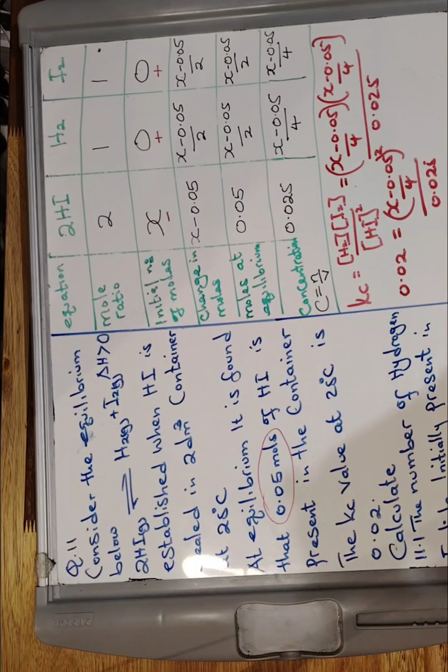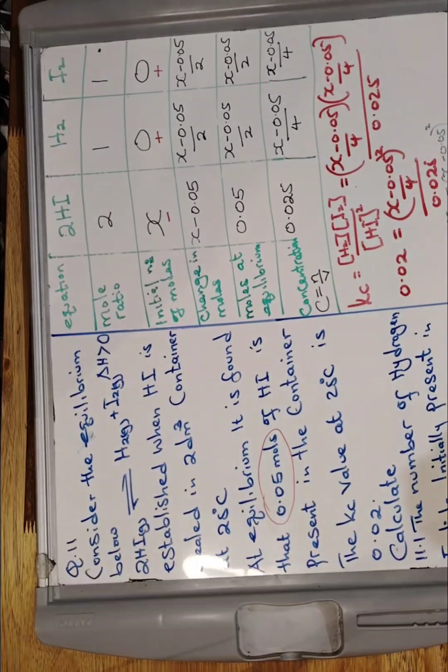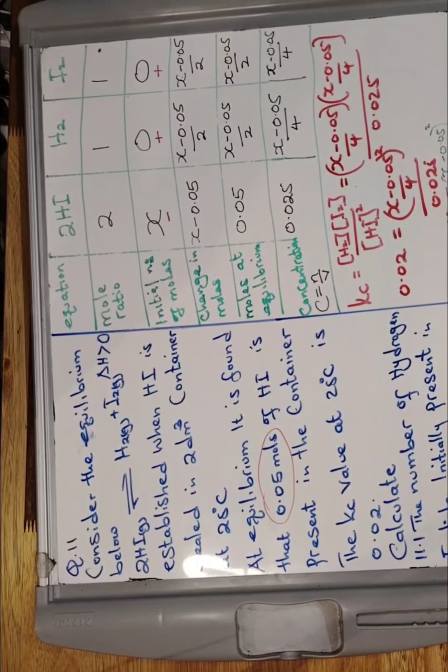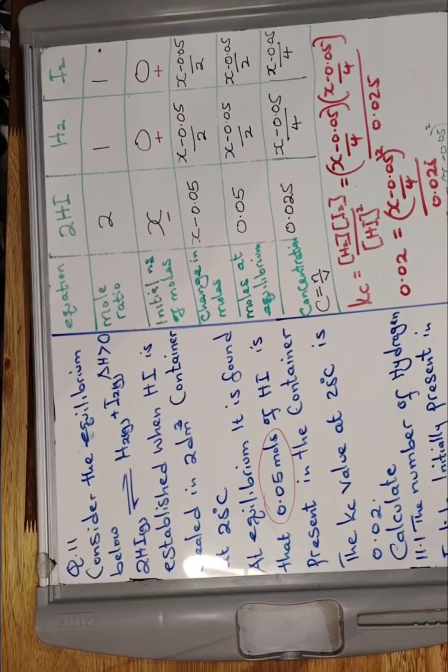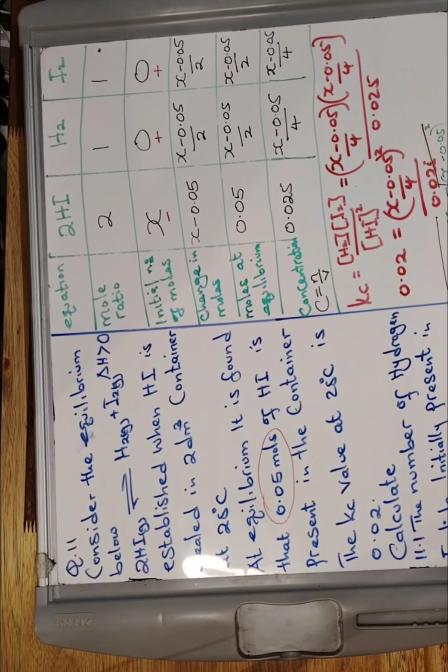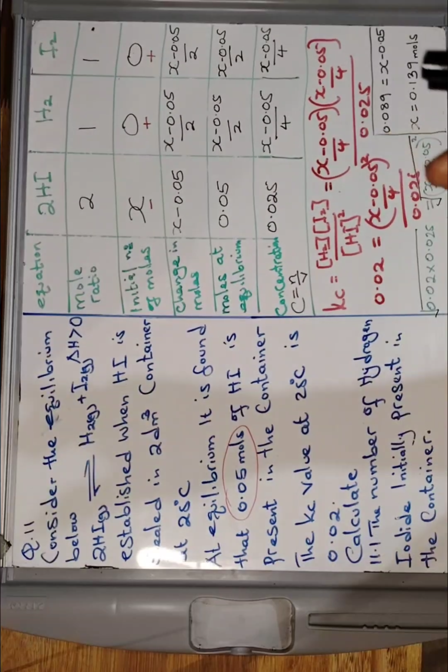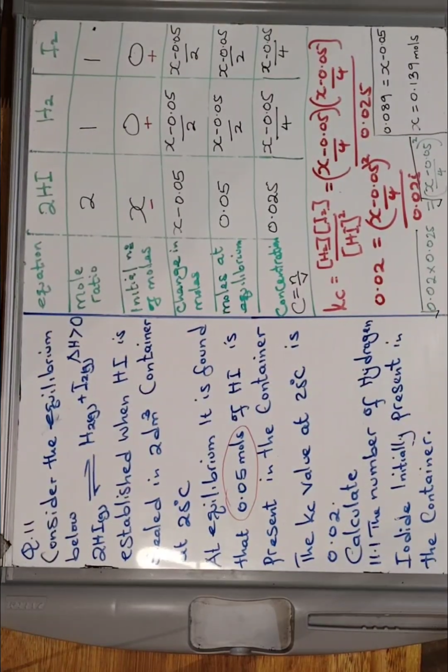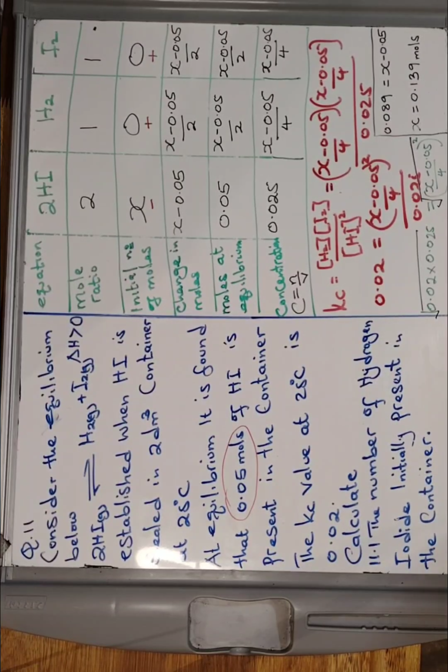Okay, from here, let us see. So this is what we get. And now we find the square root of both sides. And this will give us, so that's what we get.